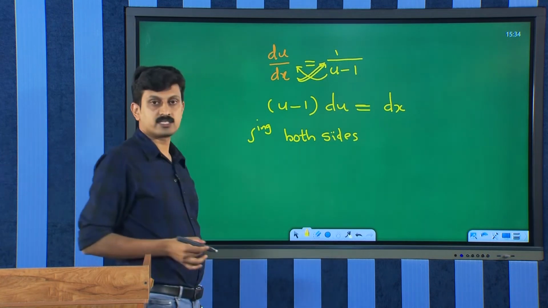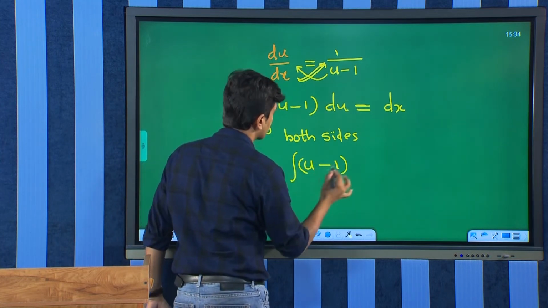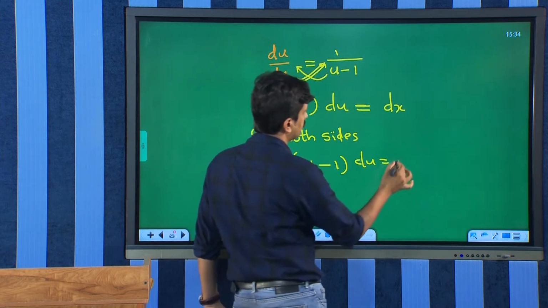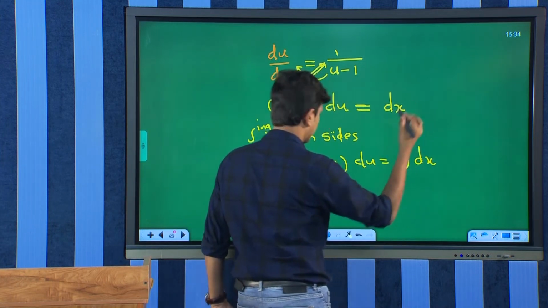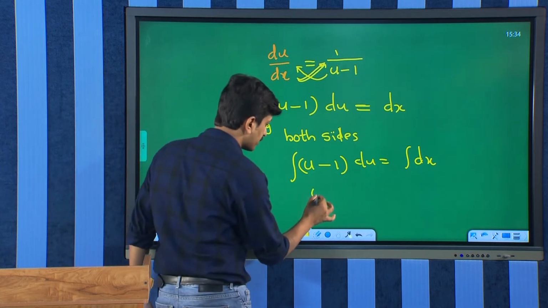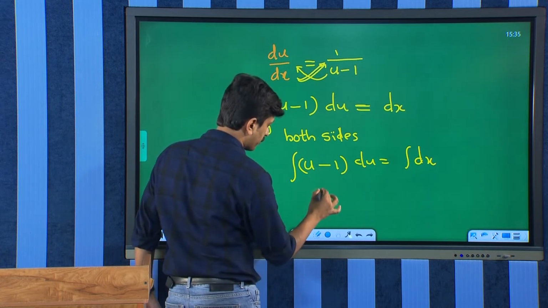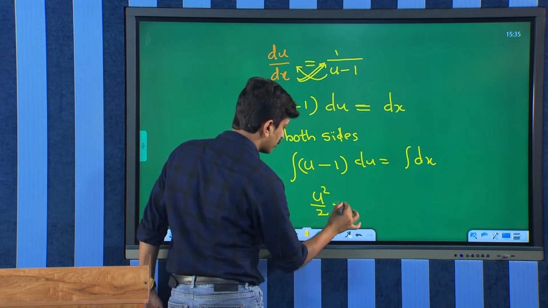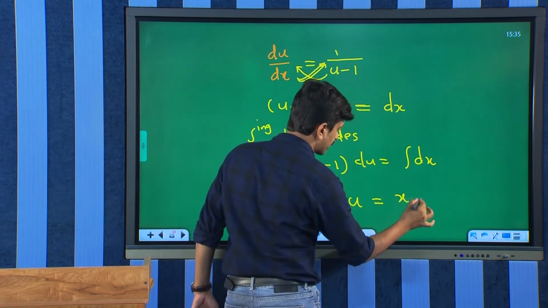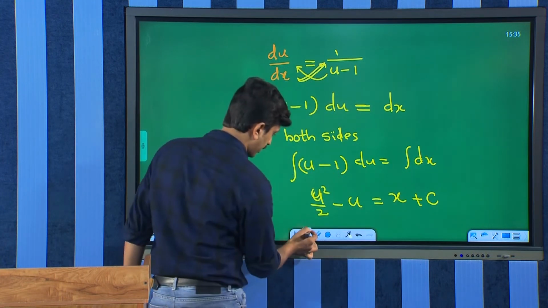Integrating both sides, we have the integral of u minus 1 du is equal to the integral of dx. Integrating this, we have u square by 2 minus u is equal to x plus the constant of integration c.